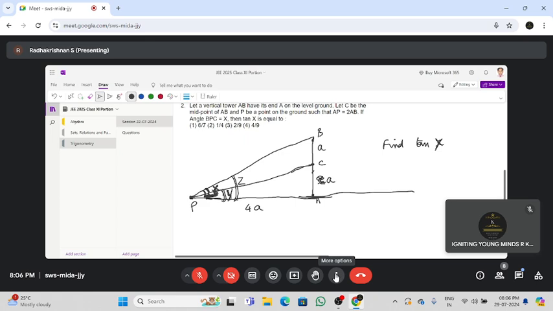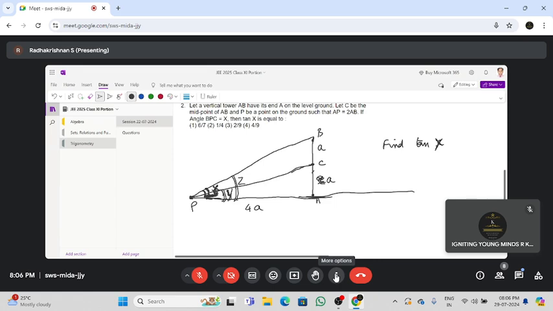The nearest answer is 1 by 4, sir. No, Varshini, you have only determined one half, that is not tan X, that is tan Z, right? What you have calculated is tan Z. Yes, sir. So what is needed is tan X.